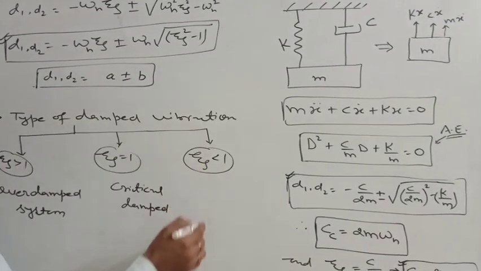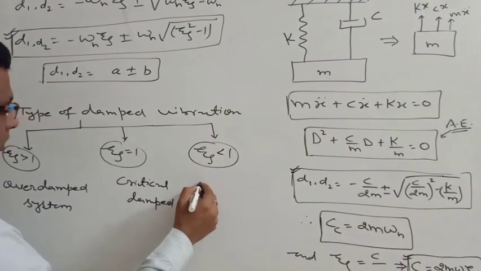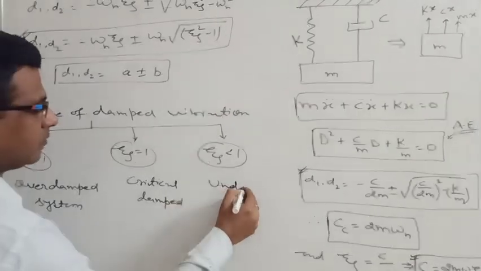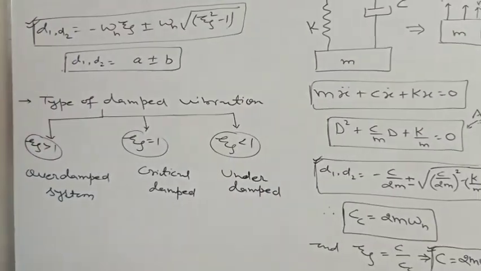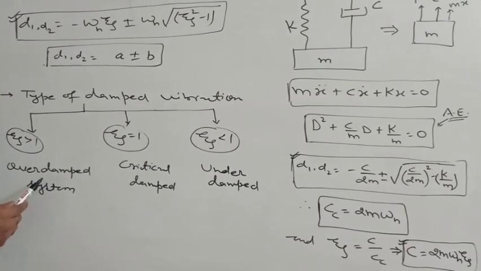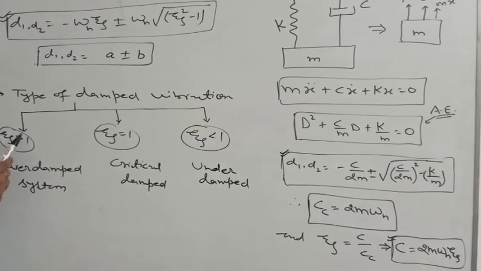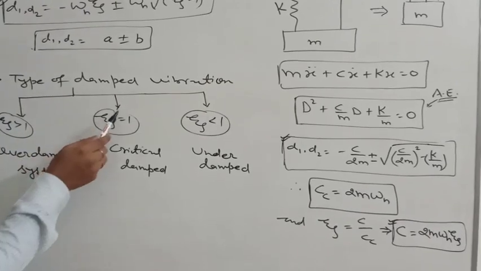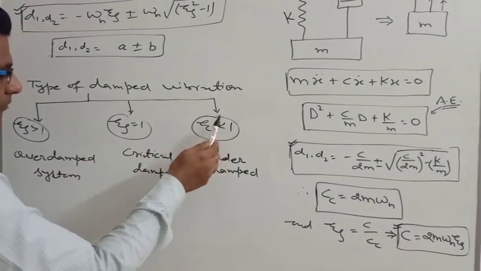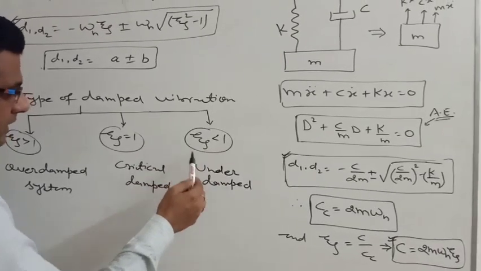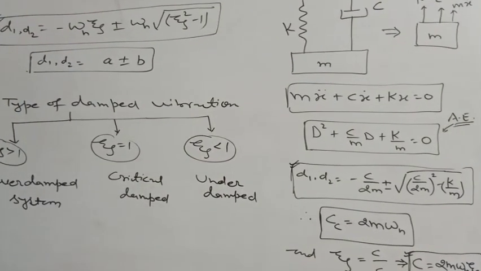That's why the system is known as the underdamped system or underdamped vibration. Now it is clear that for overdamped vibration, the value of zeta is greater than 1. For critical damped, the damping factor equals 1, and for underdamped, the damping factor should be less than 1.